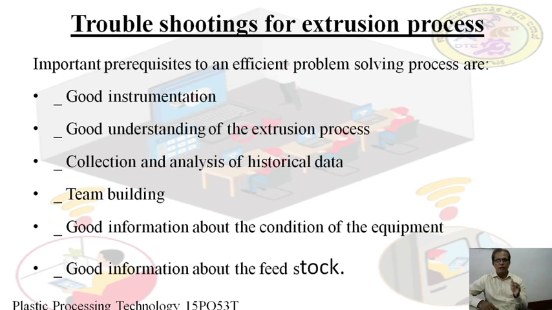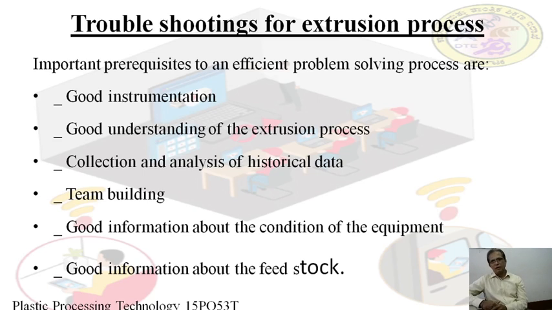What stage, what temperature it must be, and what the speed of the takeoff and extrusion is, all these are important. Collection and analysis of historical data: we have to collect the sample, do the analysis, and compare the result with the previous production, so that we can overcome it if there is a problem in the production.